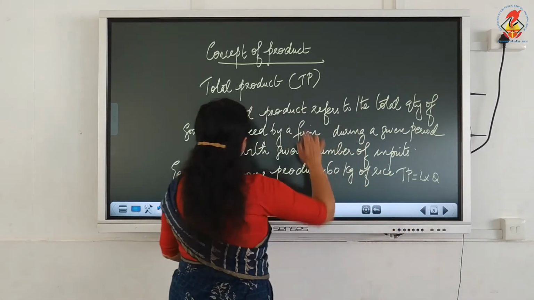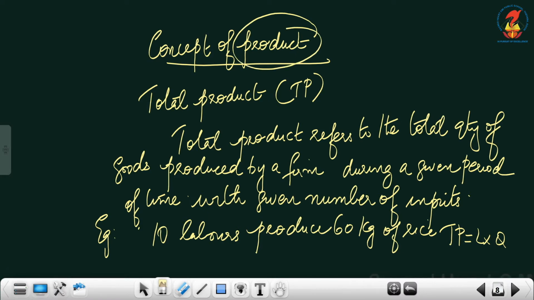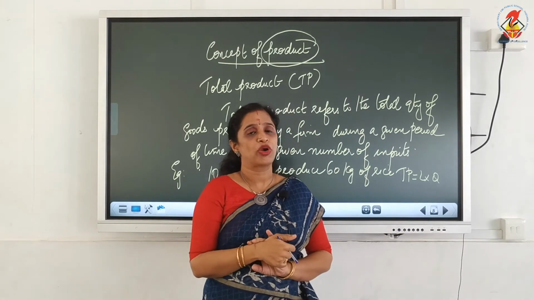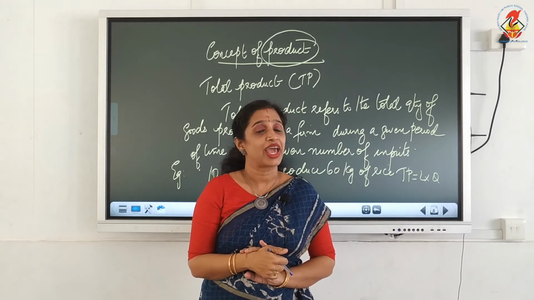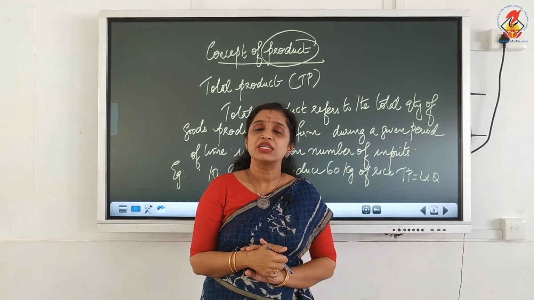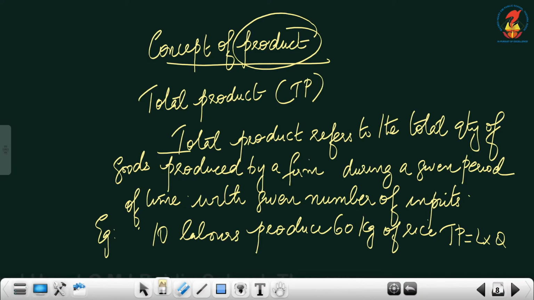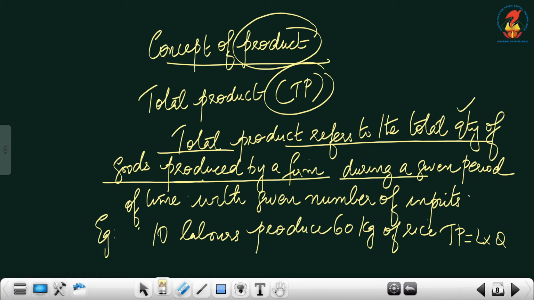Now we will move on to the concept of product. What is meant by product? There are three types of product: total product, average product and marginal product. Now what is this total product? Total product or TP refers to the total quantity of goods, QTY is quantity of goods, produced by a firm during a given period of time with a given number of inputs.